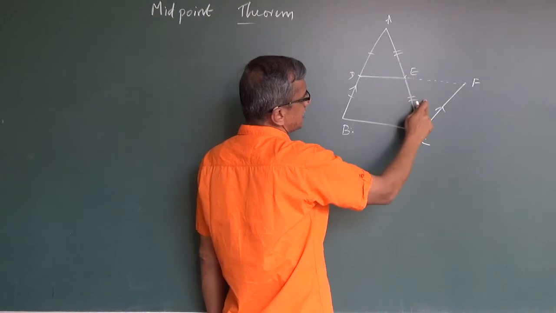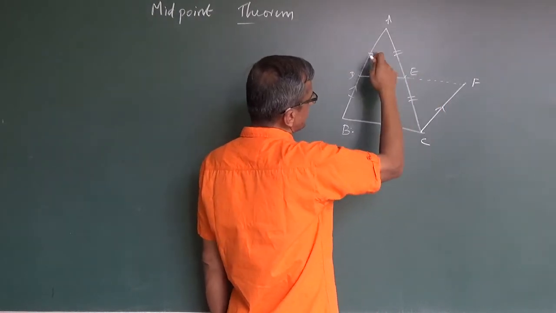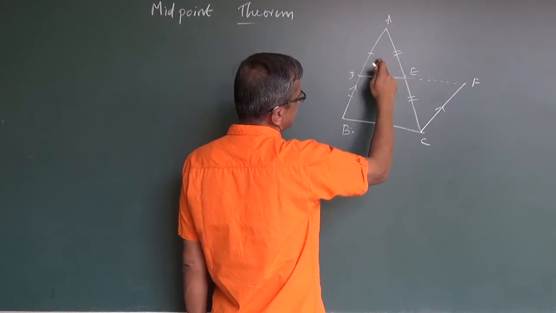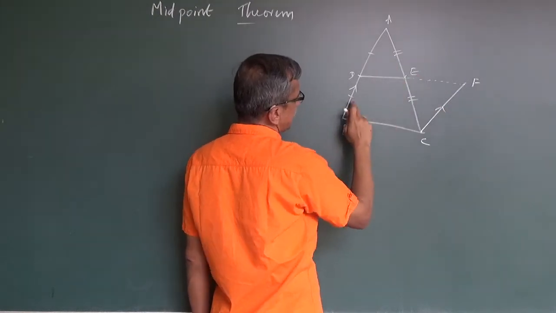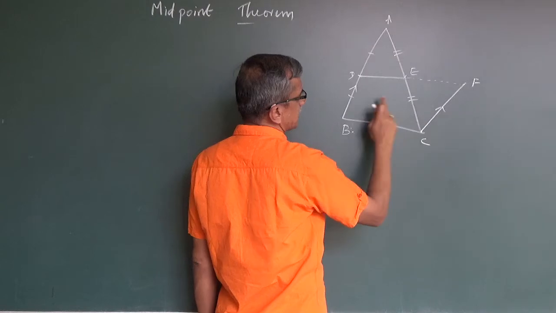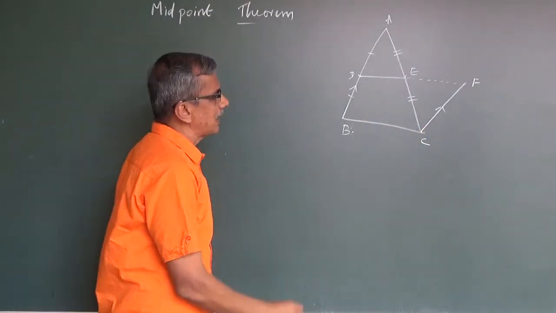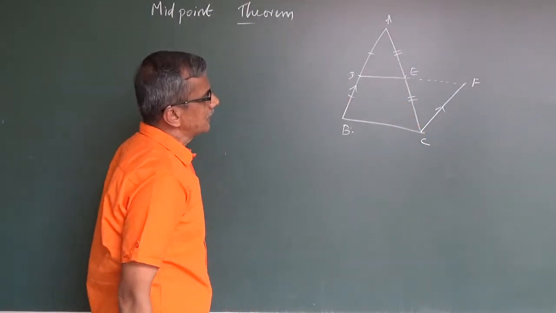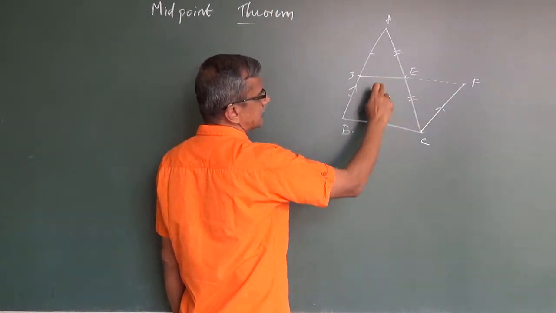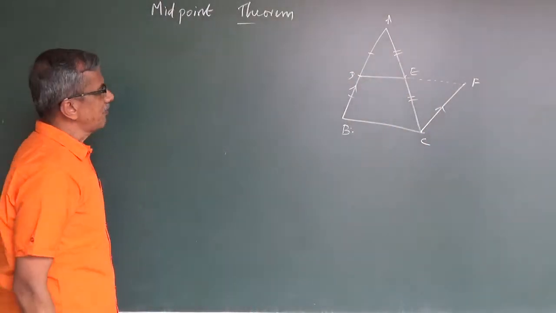If these two triangles are congruent, then this becomes equal to this, and this becomes equal to this, which means this is equal to this. Now in a quadrilateral, if two opposite sides are equal and parallel, it is a parallelogram. So it becomes a parallelogram. Therefore this side is also equal to this. Like this we will prove.